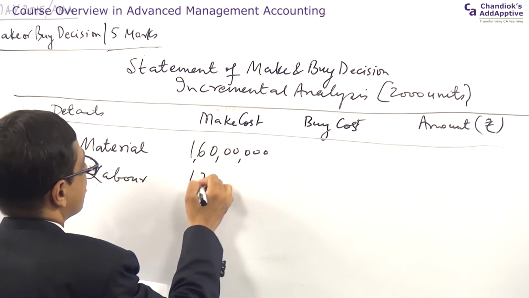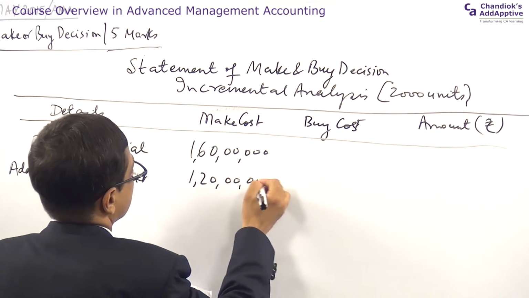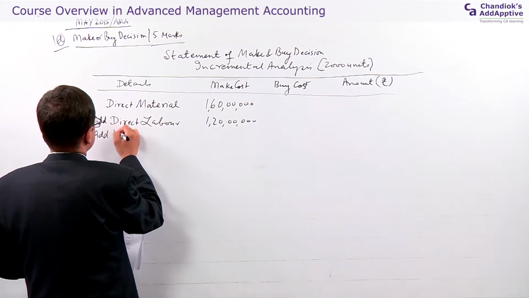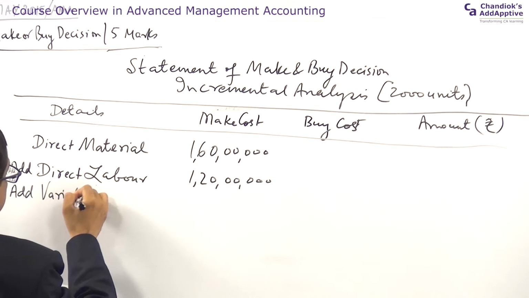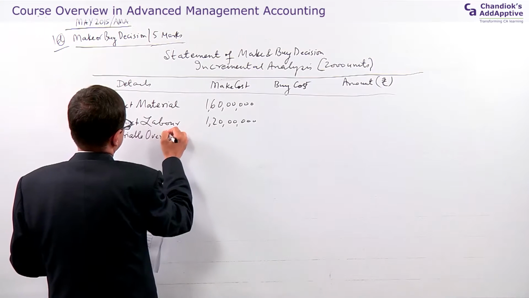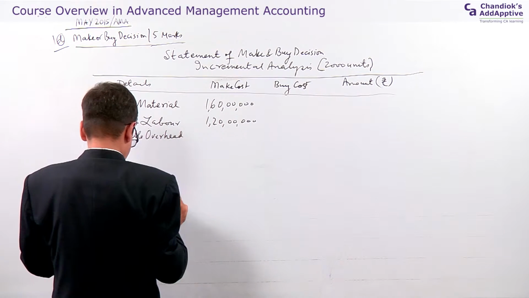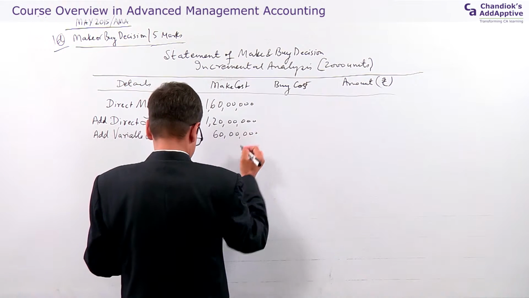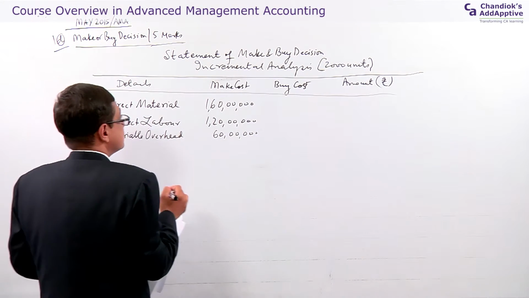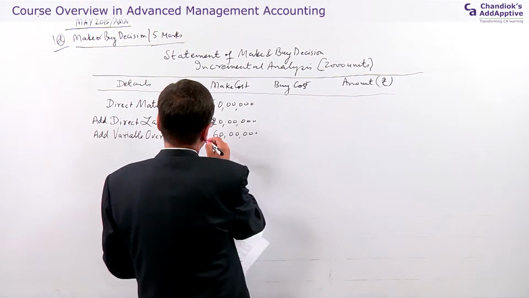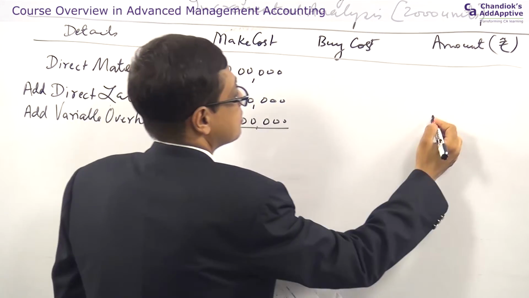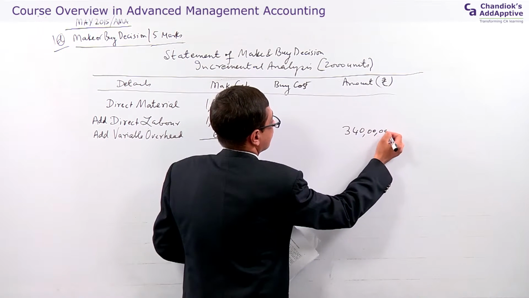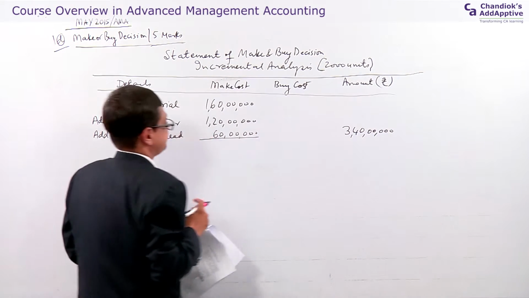This is 1 crore 20 lakh. Add variable overhead 60 lakh. In terms of total amount, if you take, this becomes 3 crore 40 lakh.